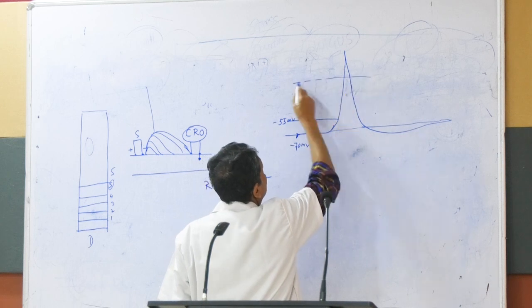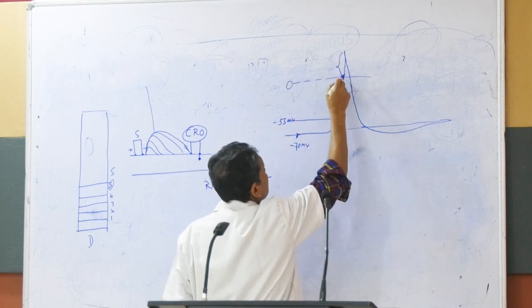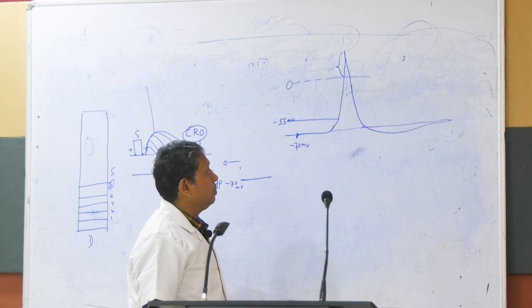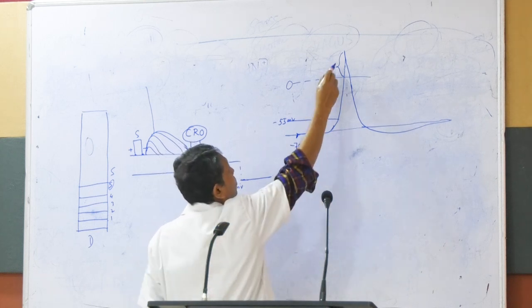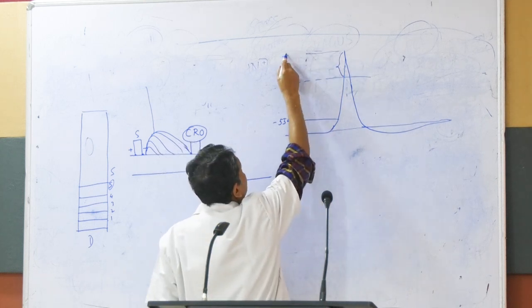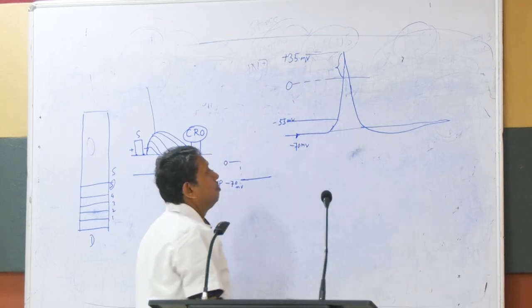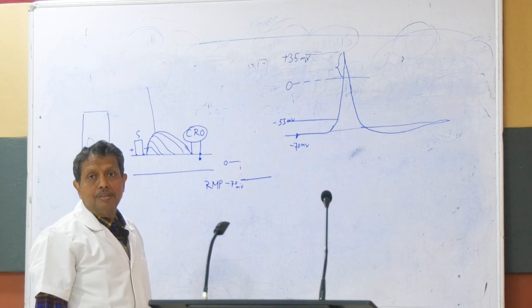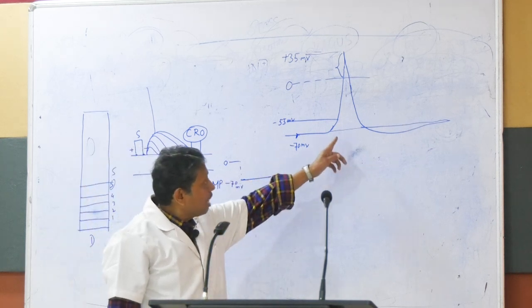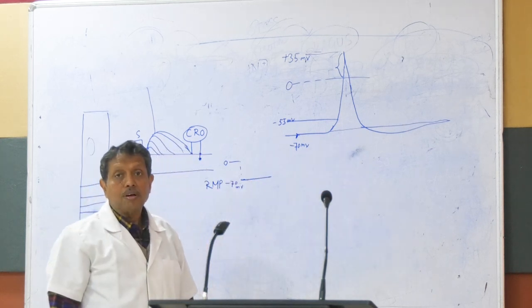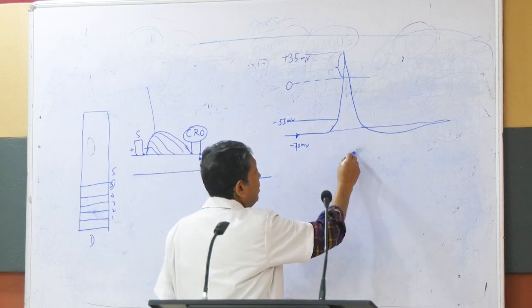Suppose it crosses the zero value, which is the overshoot, and goes to a level of plus 35 millivolt. This is the action potential. It occurs quickly, in milliseconds.